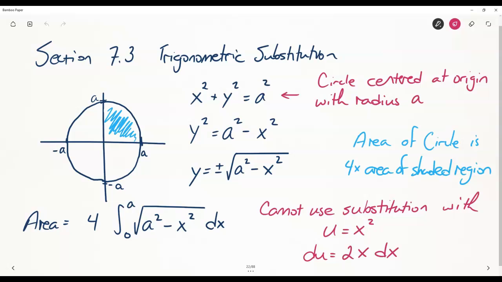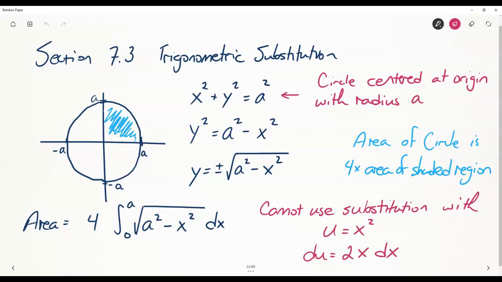Integration by parts really isn't going to work, because for integration by parts, you need to be able to split u dv completely apart from each other so that their product is the original function. Well, the only product I have right here is between the square root and the dx itself.